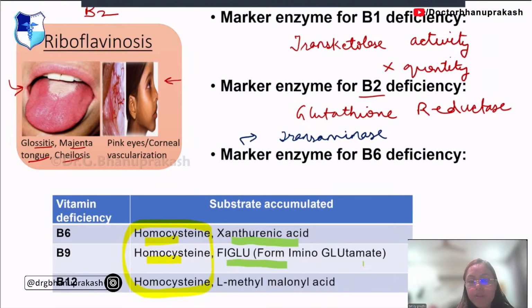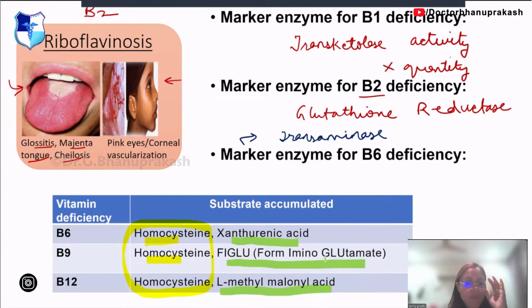If FIGLU is excreted in urine, that is formiminoglutamate, it is B9. In B12, L-methylmalonic acid is accumulated. Also, you can note that L-methylmalonic acid is responsible for the peripheral neuropathy of B12 deficiency. Okay? Very important, homocysteine is increased in all three vitamin deficiencies, B6, B9, B12.